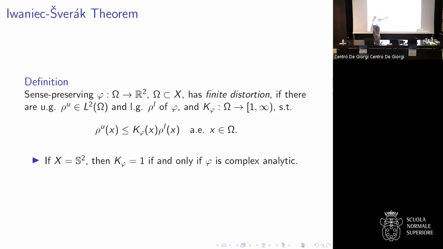It relaxes the distortion; you can have whatever you want as your distortion function. I assume sense-preserving, so we rule out all kinds of foldings to begin with. No foldings allowed. That's what it means.